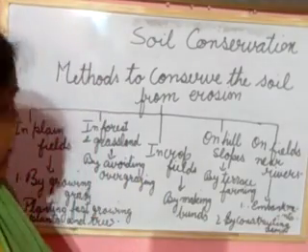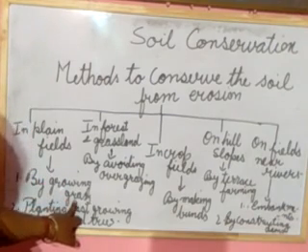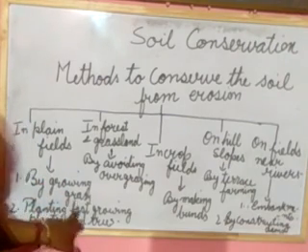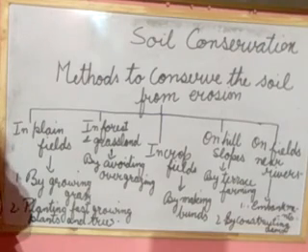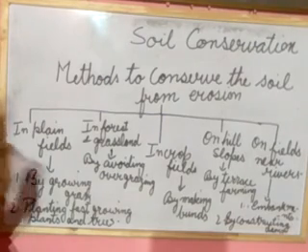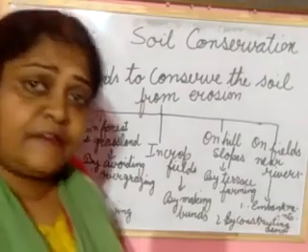So first point, in a plain field, by growing grass. What do you have to do here? A plain field can be covered with grass or some fast growing plants just to cover the soil.